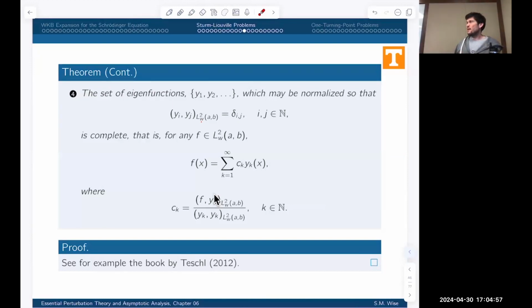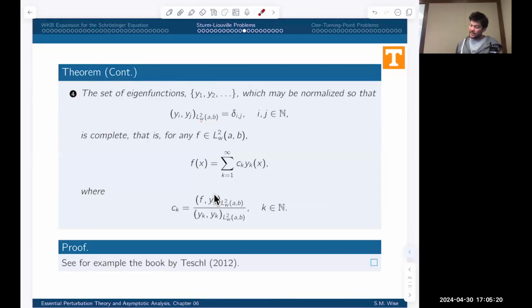A succinct way of saying that is that yi against yj in the weighted inner product is the Kronecker delta symbol. Kronecker delta ij is the symbol which is equal to 1 whenever i and j are equal to each other, and it's 0 otherwise.